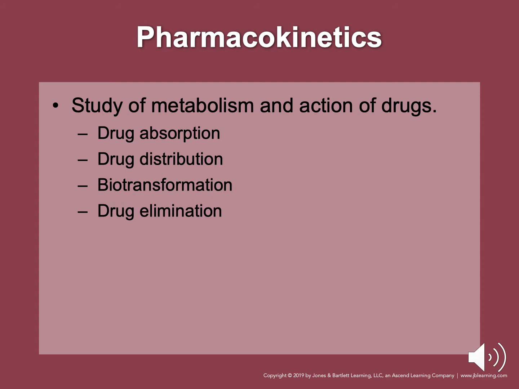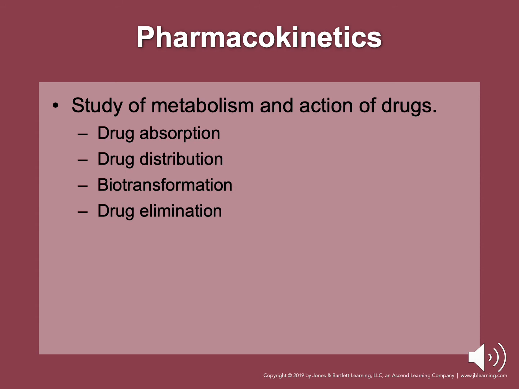Drug elimination is how these drugs are going to be eliminated in their original forms or as metabolites. So organs of excretion are the kidneys, intestines, lungs, salivary glands, mammary glands also. Rate of elimination varies with the amount of drug in the body and the underlying conditions of the excretion organ.